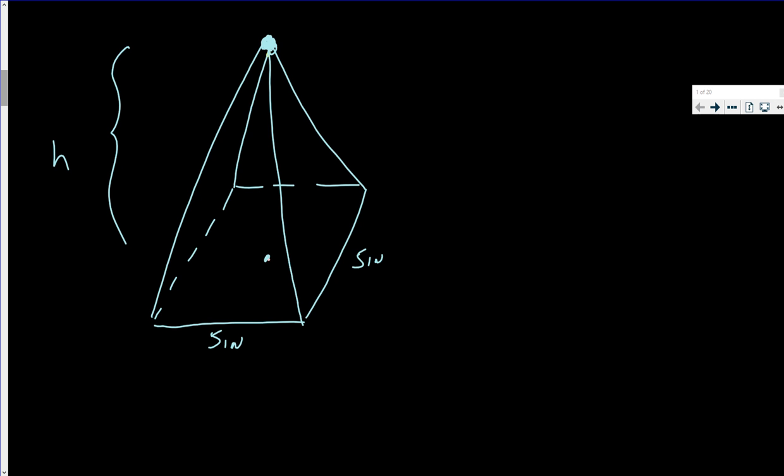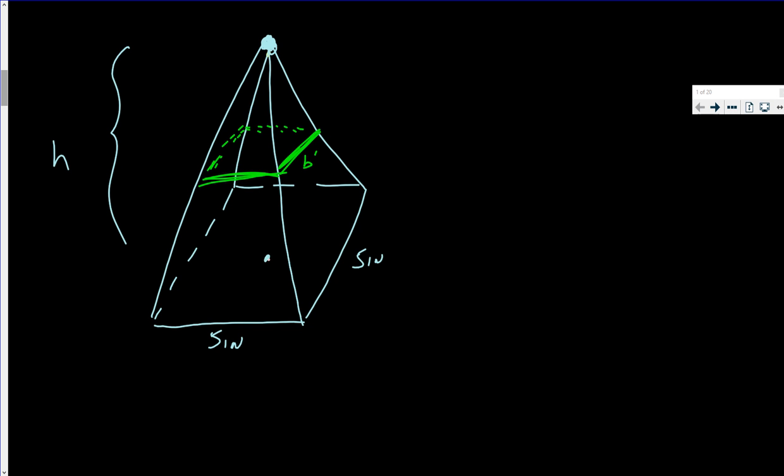Okay, so now we have a cross-sectional area with thickness that will look like that.